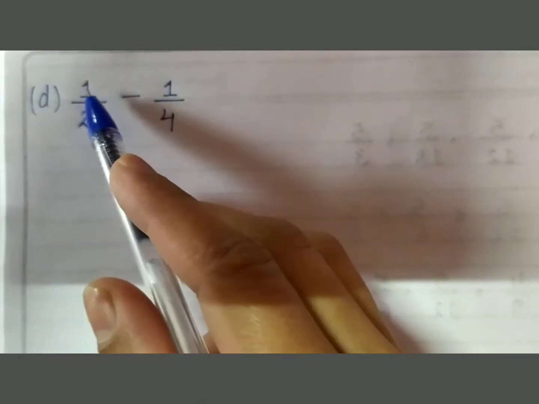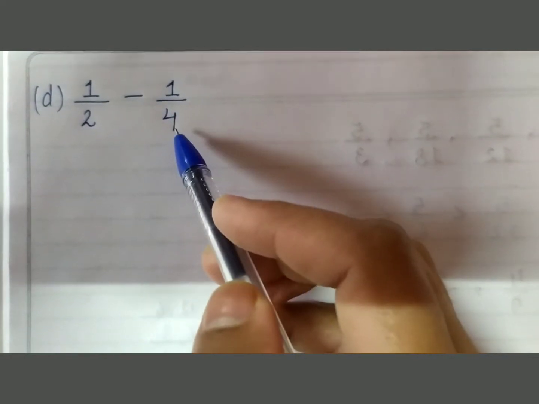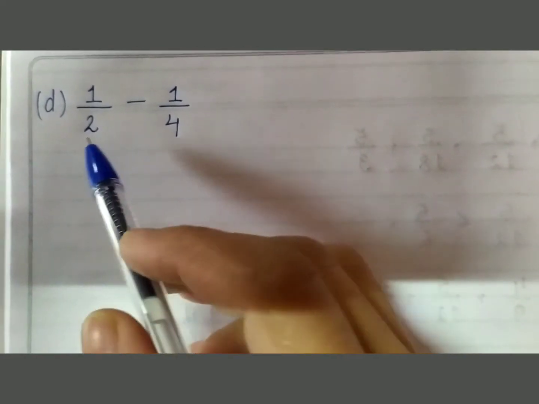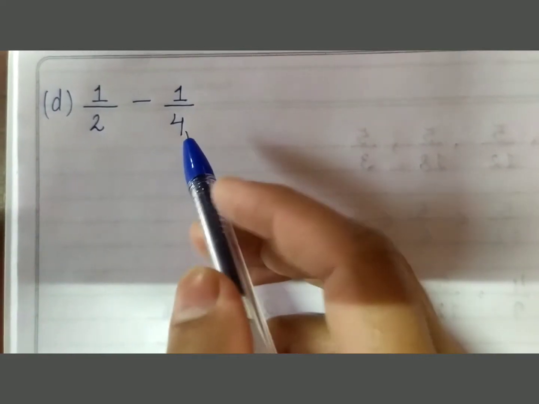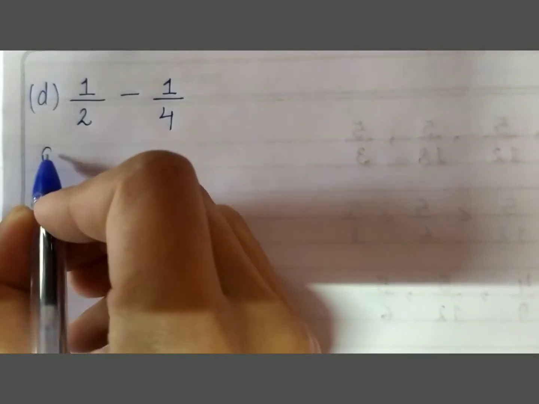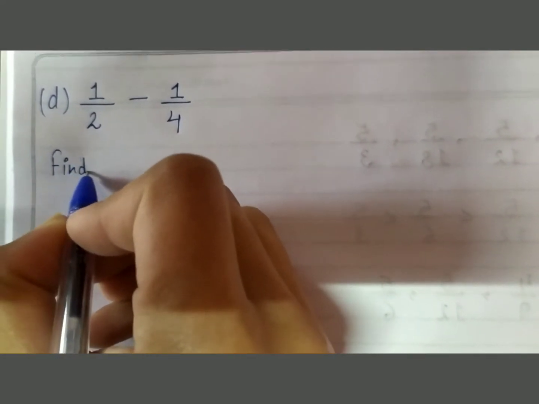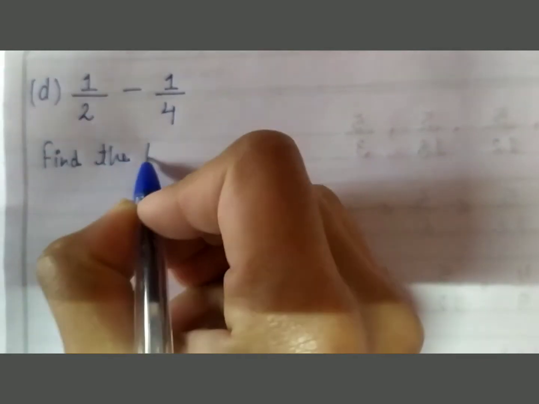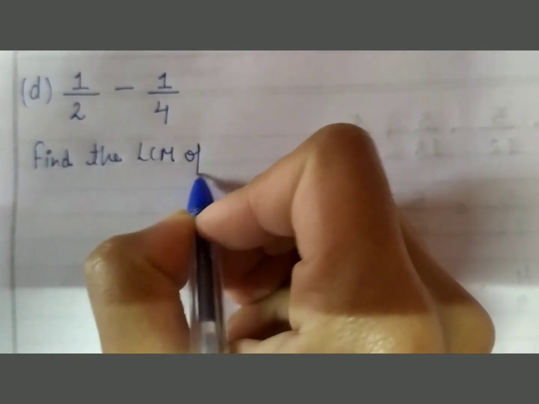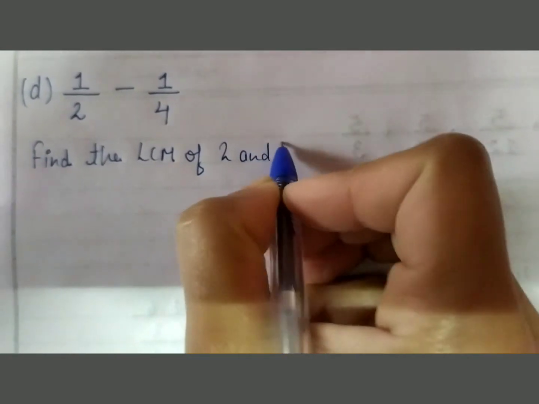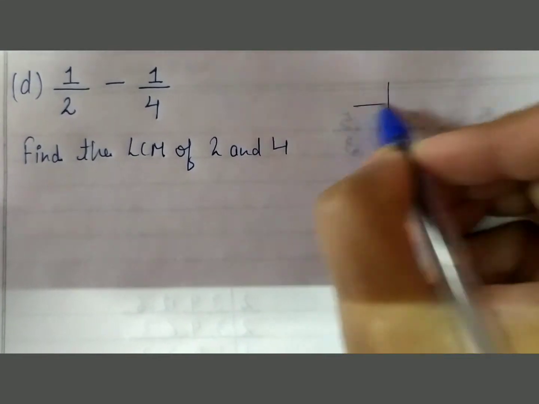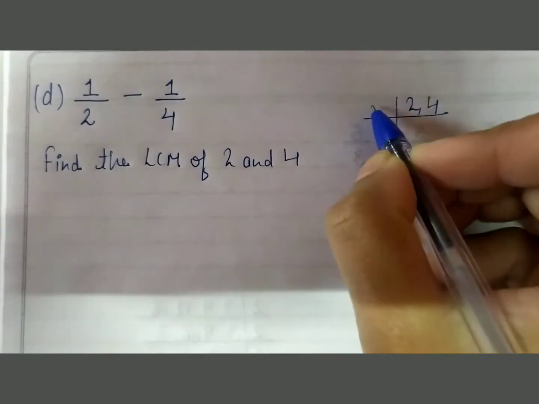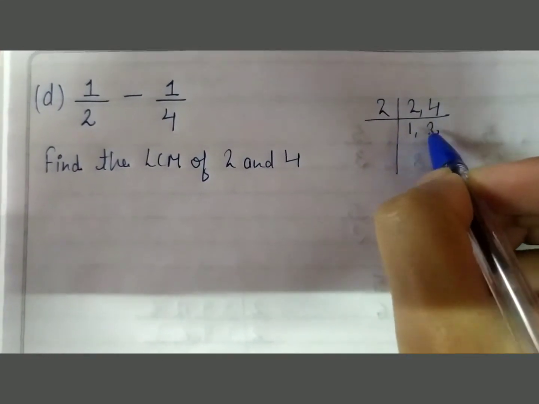Next question is 1 upon 2 subtract 1 upon 4. Children, in this fraction the denominators are not the same. So find out the LCM. Find the LCM of 2 and 4. 2 ones are 2, 2 twos are 4.